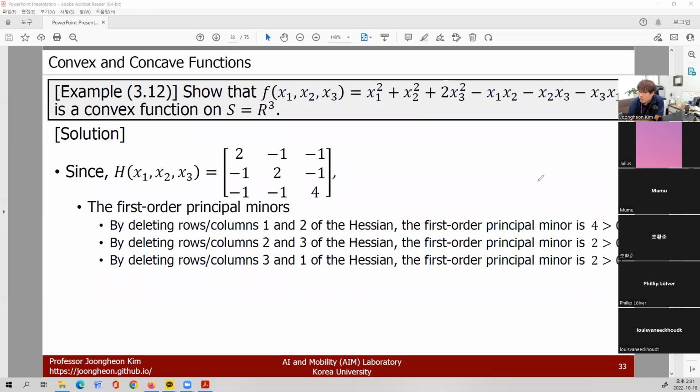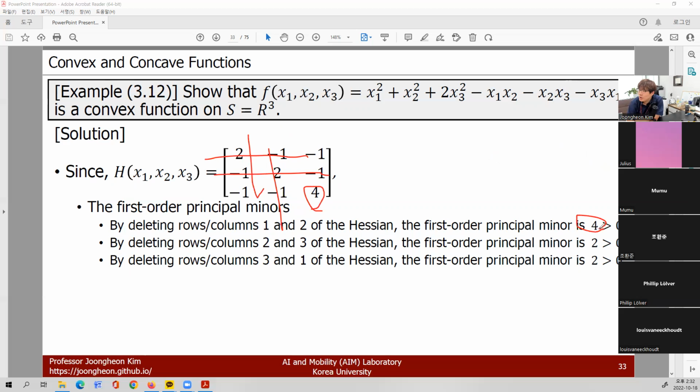So based on the definition, n is 3, i is 1, because we are calculating the first order principal minors. That's why n minus i is 2, so we have to delete 2 rows and 2 columns. You only have 2 left. 2 and 3 are deleted, and you have 2. 1 and 3 are deleted, and you have 2. 1 and 2 are deleted, and you have 4.